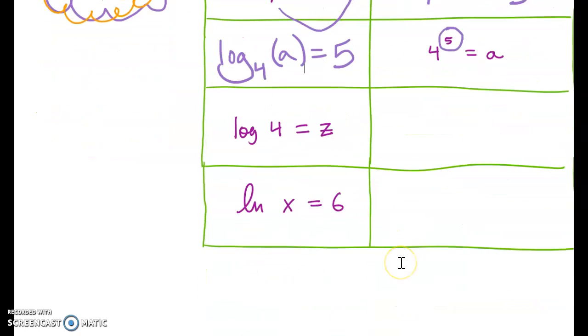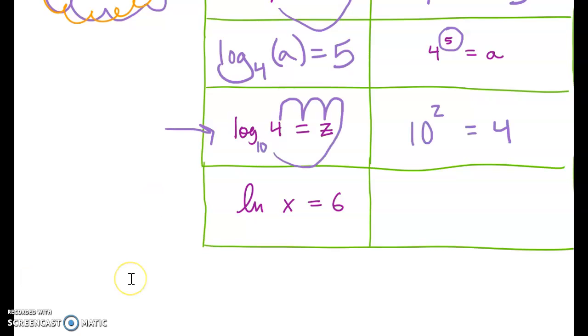All right, I want you guys to do the next two. So we will start with this example here. All right, hopefully you were able to use the chubby hand, and remember that if there is no base written for a common log, it's understood that that base is 10. And so when I do my chubby hand, I get 10 to the power of z is equal to 4.